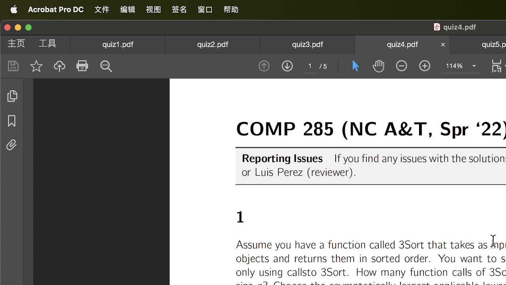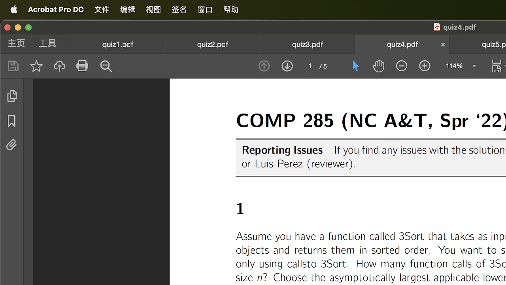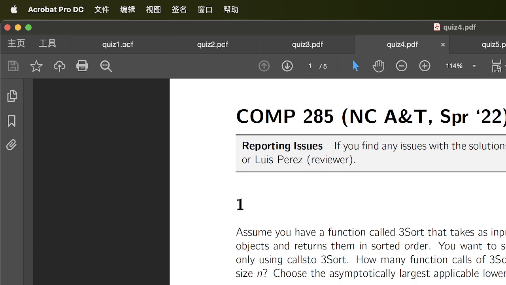So actually, it just asks what is the running time of the algorithm that only calls threesort to sort. So the running time is the same as the regular sort, right? So it's n log n because it's similar to sorting the array directly, like using a comparison sort such as merge sort. The only difference is that we compare 3 elements each time instead of 2, but this won't change the runtime.